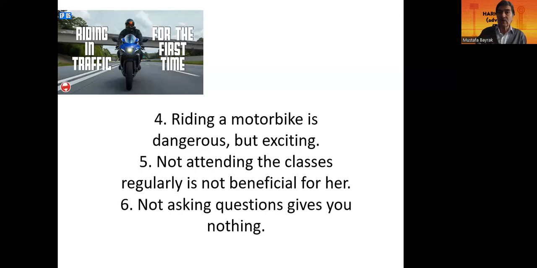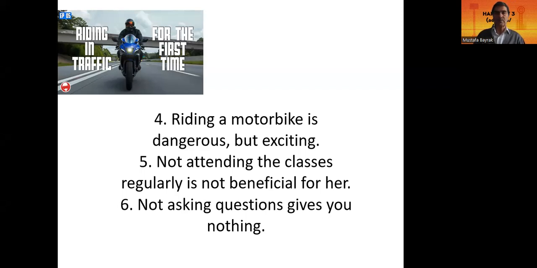Attending the classes regularly is beneficial. This is positive, okay? Attending the classes regularly is beneficial, is useful for her. But of course, it is also possible like this in a negative way, not just opposite of it. Not attending the classes regularly is not beneficial for her.